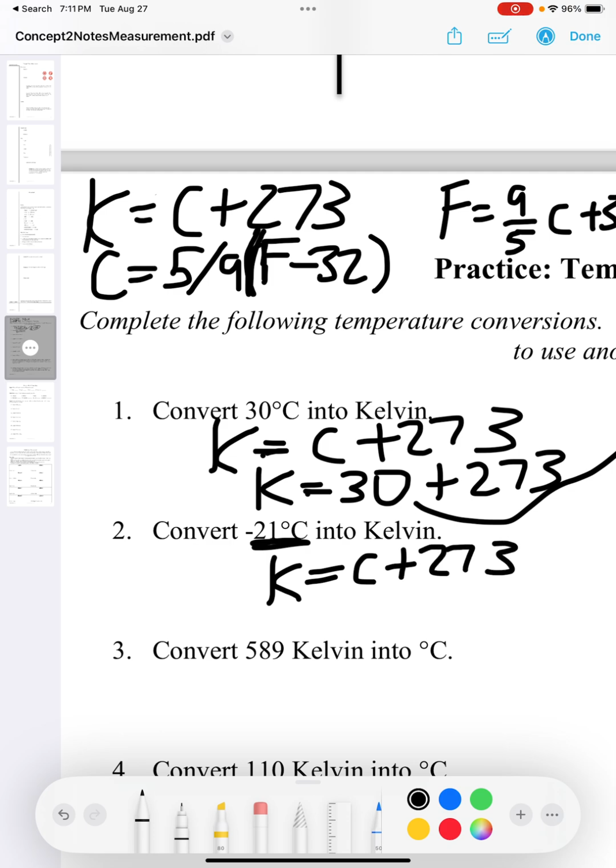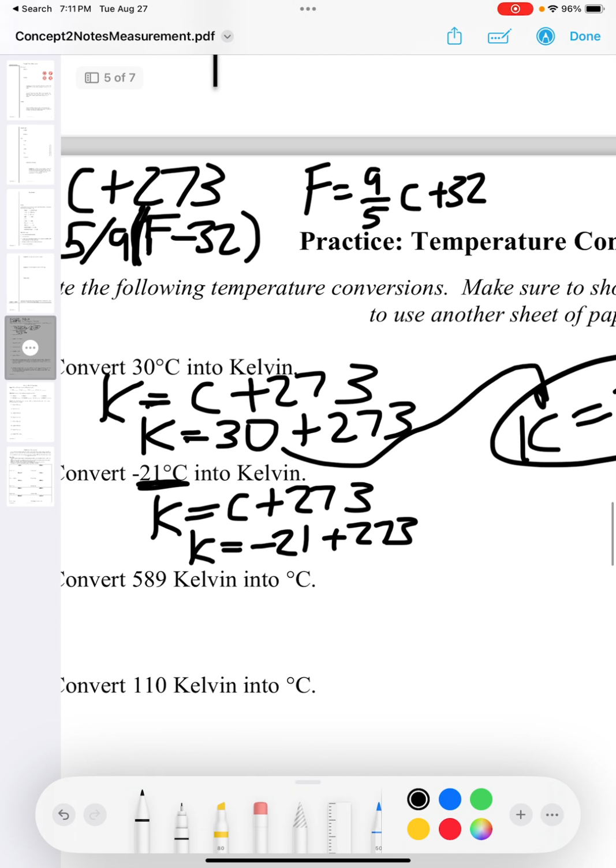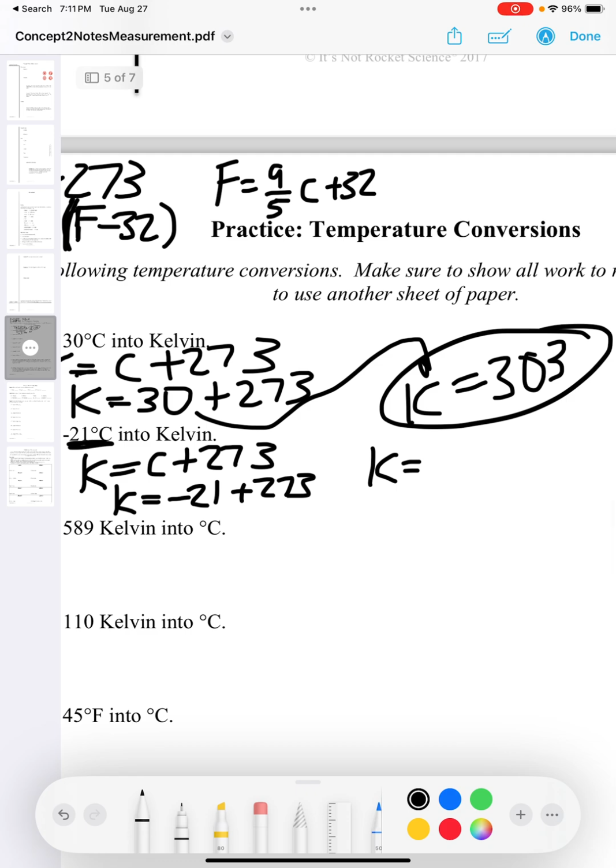And then we're gonna put the negative 21 in for C because it's negative 21 degrees Celsius. And we're gonna keep everything else the same. And then all we need to do is type that into our calculator. And when we type that into our calculator, we end up getting 252. So that's what it is in Kelvin.